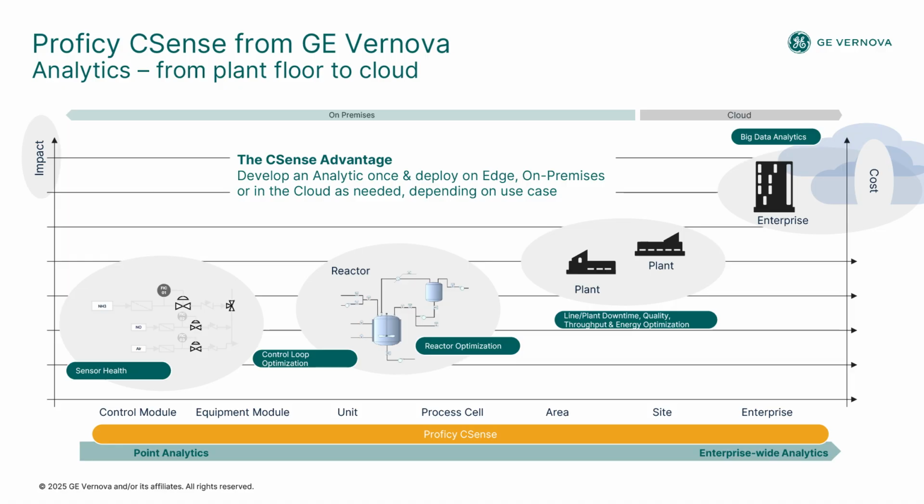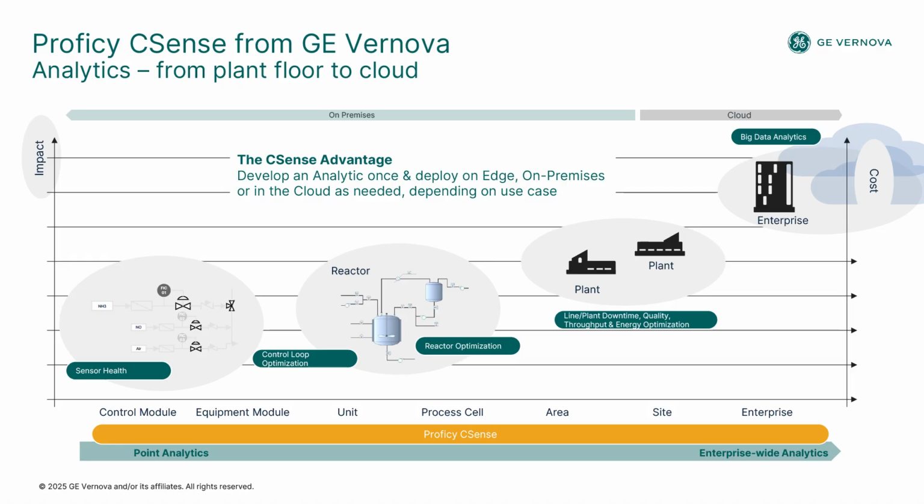For example, high-speed closed-loop autonomous control, you want to run on-premise, close to your control systems, close to the PLC or the DCS or the SCADA, whereas maybe slow, non-critical monitoring solutions or cross-plant ones, or maybe on an enterprise level, you may want to run in the cloud next to an enterprise historian.